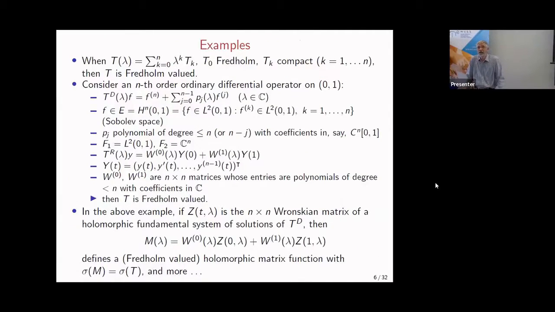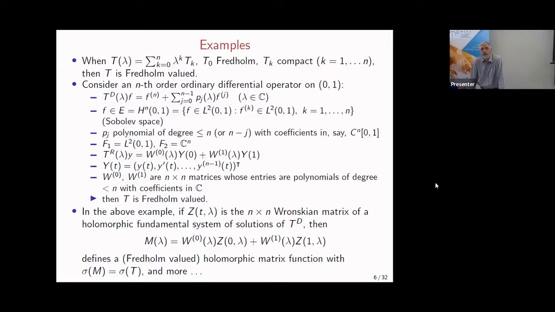So let's look at examples. Then we have a differential operator, an ordinary differential operator. And we consider the domain of the differential operator to be the Sobolev space H^n(0,1). We have an nth order differential operator, and that's the set of all functions which have derivatives up to order n, derivatives in the sense of distributions, such that these derivatives are again in L2(0,1).